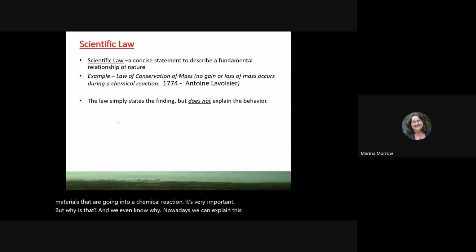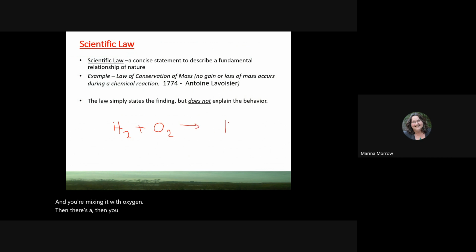We know that if you're having a chemical reaction, like if you have hydrogen and you're mixing it with oxygen, then you can get water out of that. To balance the equation, we have to put a 2 here, and we get 2 waters here.